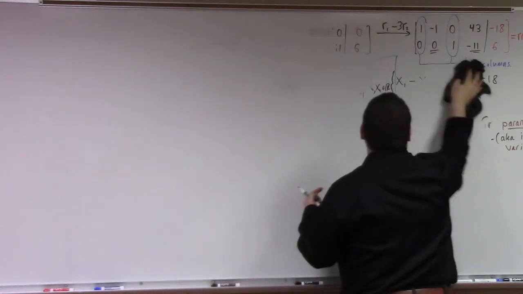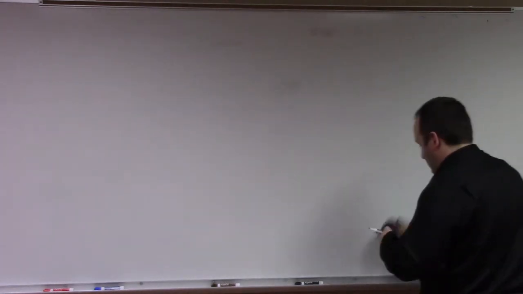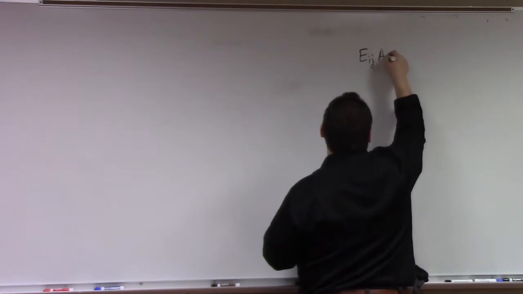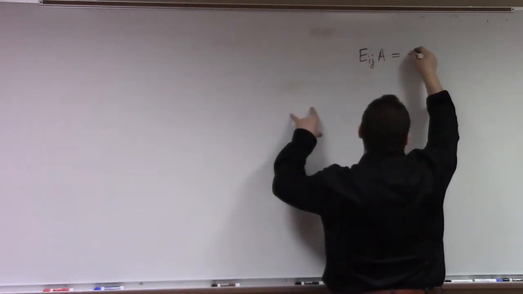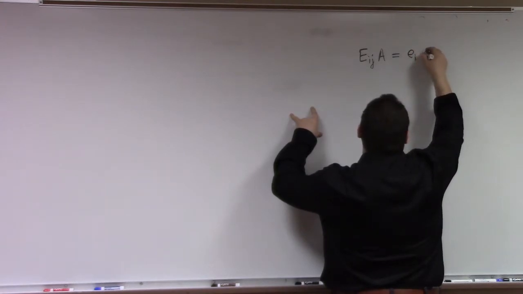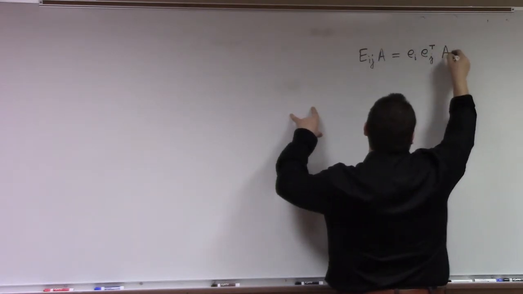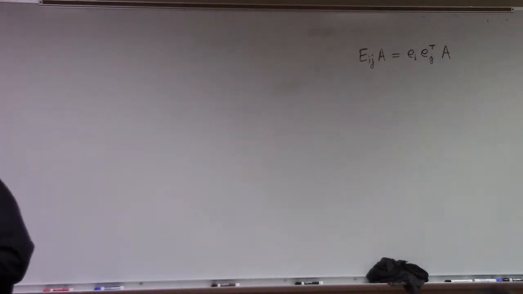So you guys write it down, think about it. What is E_ij times A? What's that do? Let me rewrite that. That is actually E_i times E_j transpose times A, because we figured out we can build the matrix units from the product of a column-row multiplication.